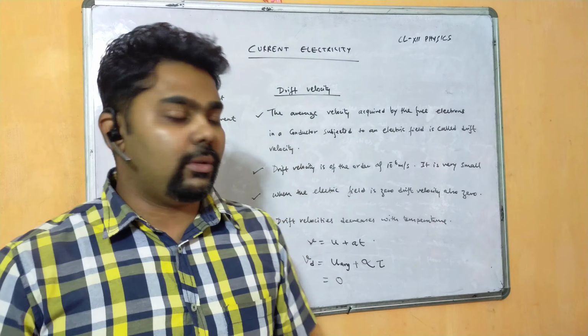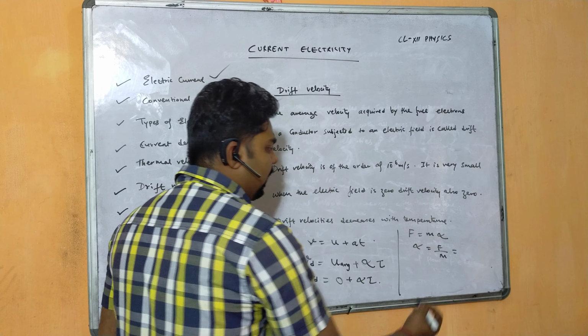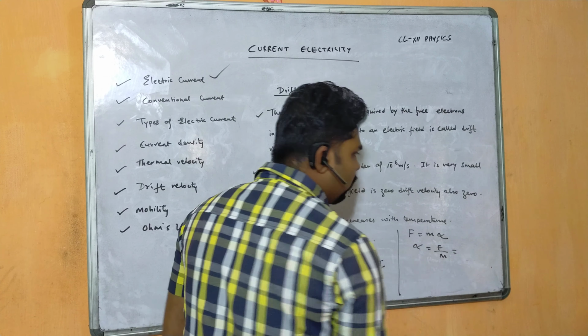So we get Vd equals 0 plus alpha tau. Also we know F equals ma, so alpha can be written as F by m. In the electrostatics chapter we saw that the force on any electron is given by QE, and here the charge is the electron's, small e, so F is eE.